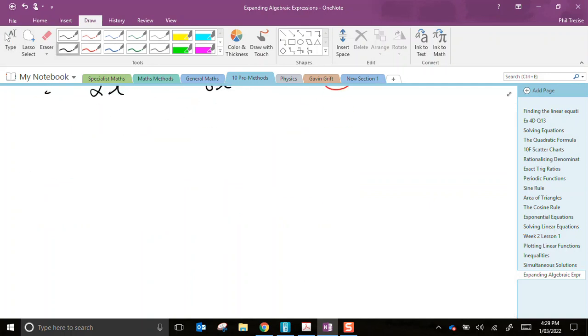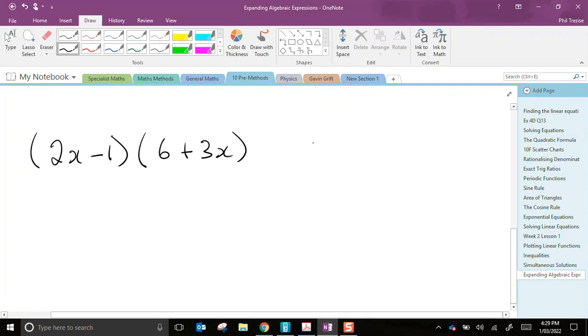Let's try a slightly more difficult one. Sometimes we get things like 2x minus 1 multiplied by, say, 6 plus 3x. So we have two binomial parts multiplying each other. Now for this one, I might do a diagram.